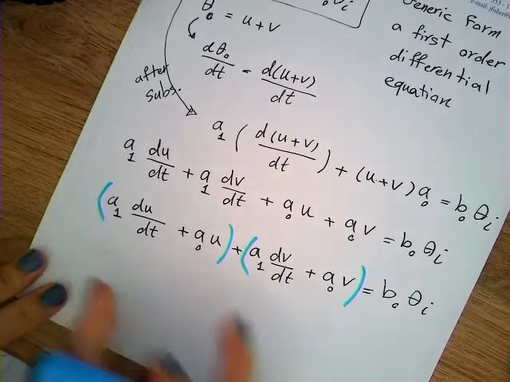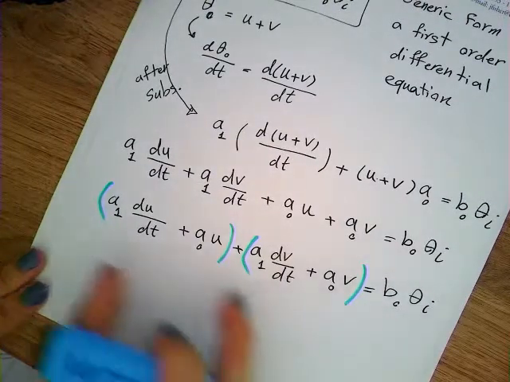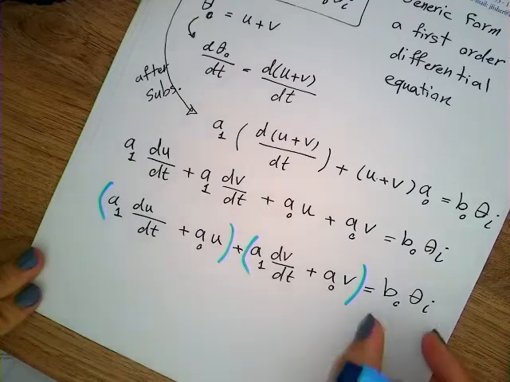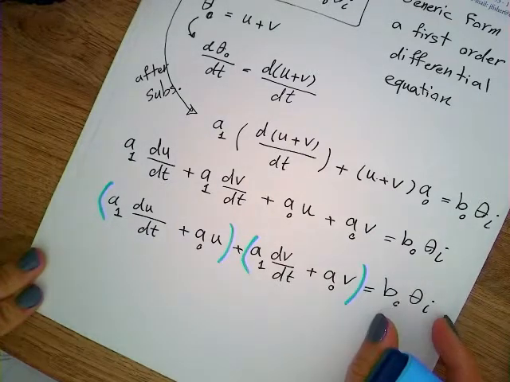So I have two parts. Now, the addition of these two should be whatever I have on the right side.